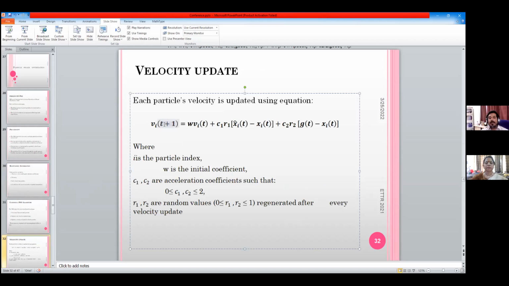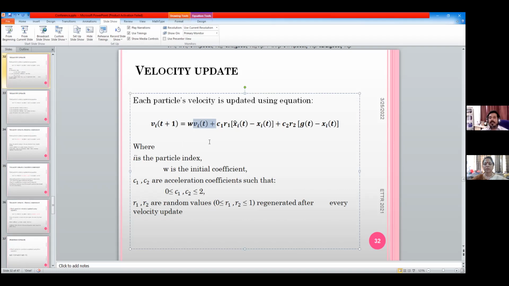V_i^(t+1), where t+1 means the iteration number, the (t+1)th iteration. Now there is w into V_i^t, so it's the previous velocity. Initially, in the first iteration, we will consider that its velocity is 0. Then velocity will increase in subsequent iterations.